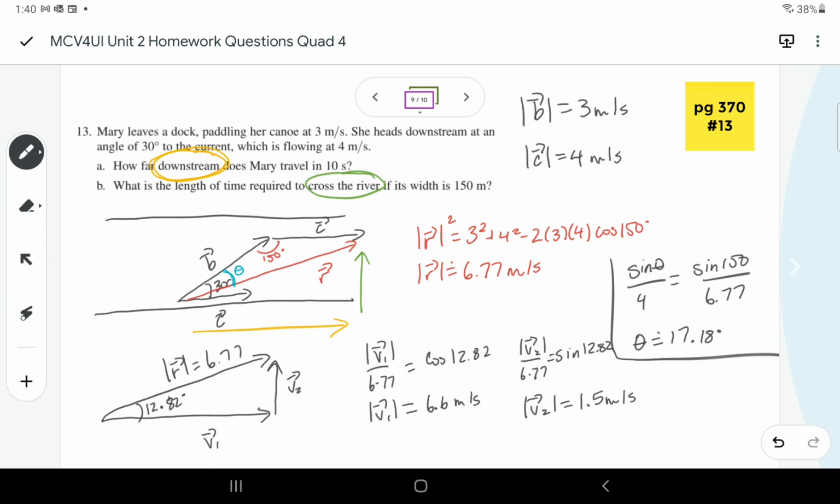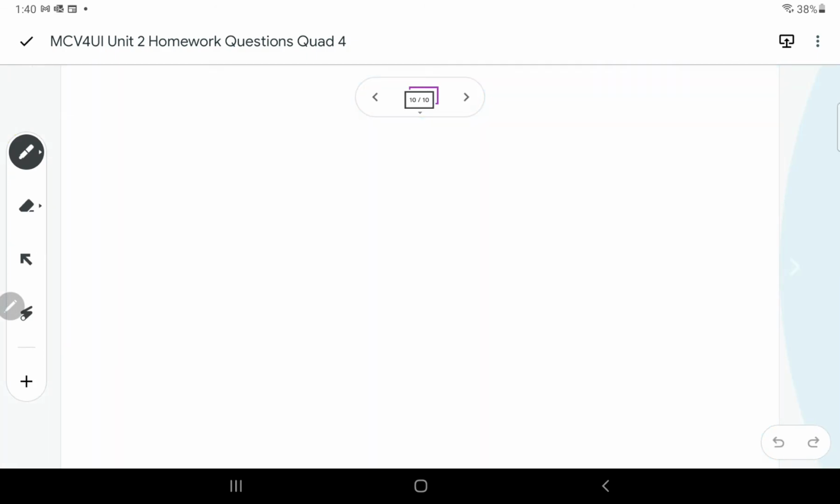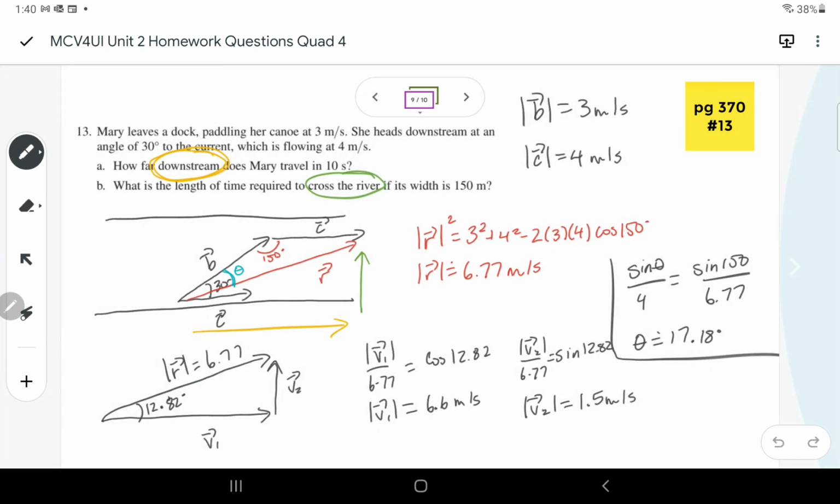So I'm going to need to add into this, because the first question, adding on a slide here, is how far downstream in 10 seconds? So I found that this V1, which is the amount that I'm going downstream, so this V1 here is 6.6.